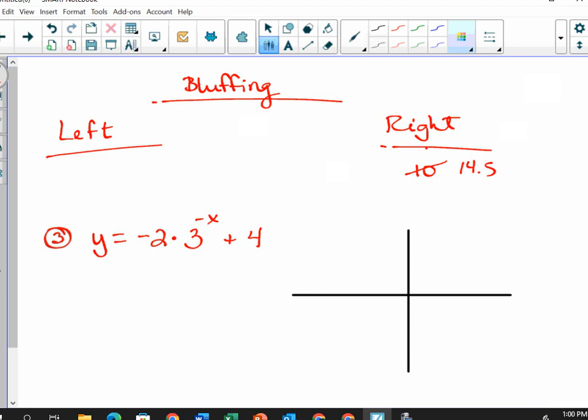-2 times 3 to the negative x plus 4. Yes, there are negatives in multiple places, guys. This one will take you a minute.